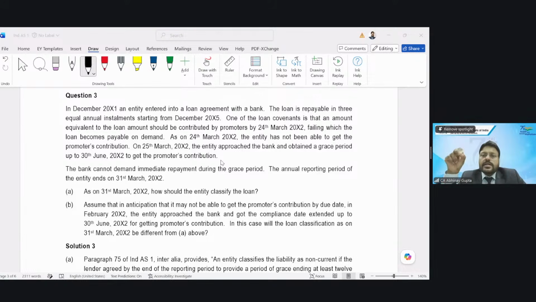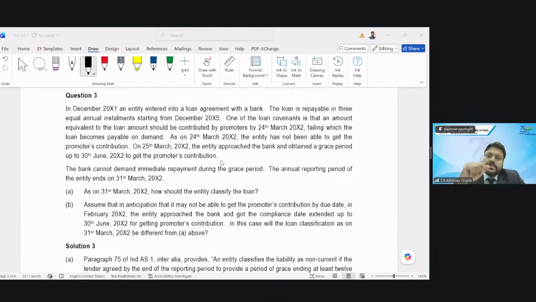If it is repayable within the next 12 months, then it will be presented as a current liability, right? There is no doubt about that. If it is repayable after 12 months from the reporting date, then it will be presented as a non-current liability. There is also no doubt about that.